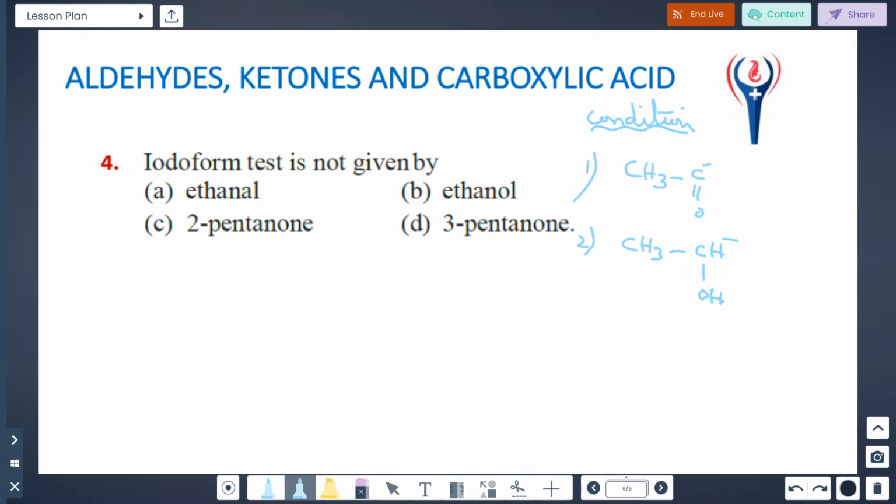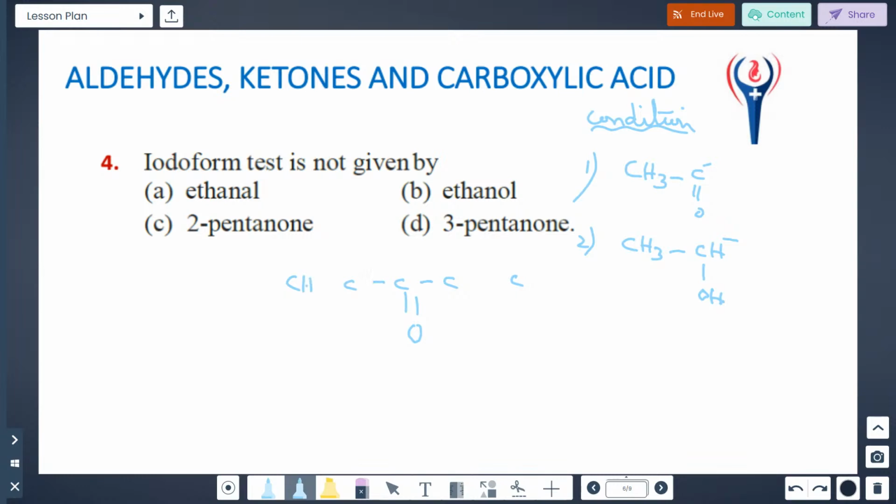So first I will write it here. 3 pentanone. Pent means what? We have 5 carbons. 3 pentanone means the third carbon has what? Keto group. Understood? Then you can fill by hydrogen.